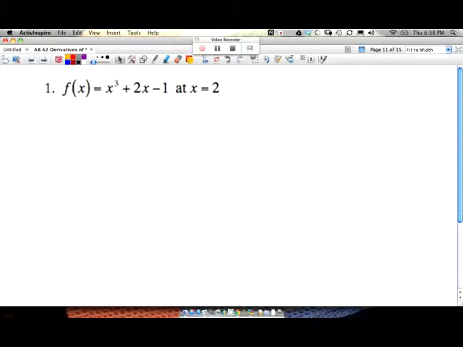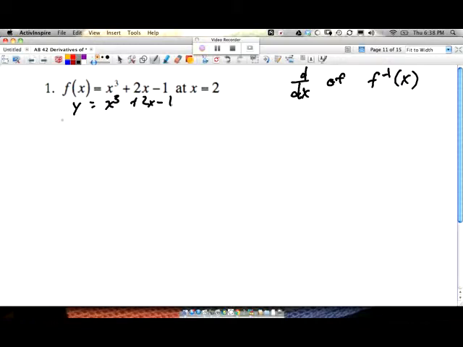All right, and we're back. We're finding the derivatives of the inverse functions. So let's do that. First, I look at this and I see f of x equals x cubed plus 2x minus 1. That's like saying y equals x cubed plus 2x minus 1.